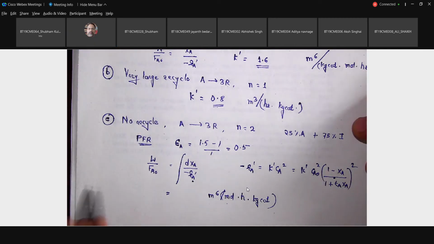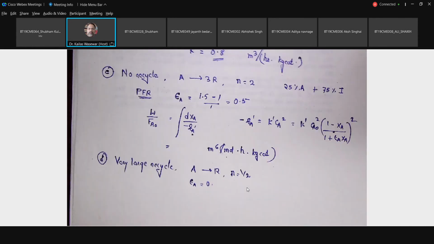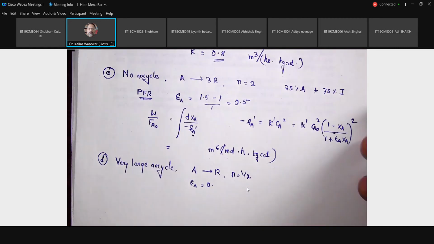The last case, again very large recycle, with n is equal to... So for this particular one, epsilon A will become 0 as per the stoichiometry. And the rest is simple, because it is a very large recycle. Again, W upon Fa0 is equal to Xa upon minus Ra.